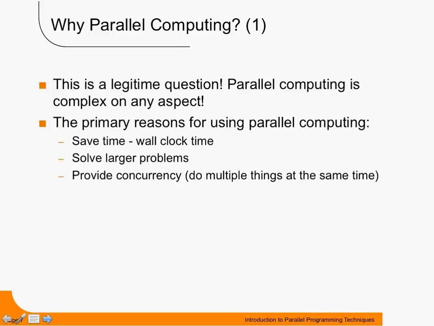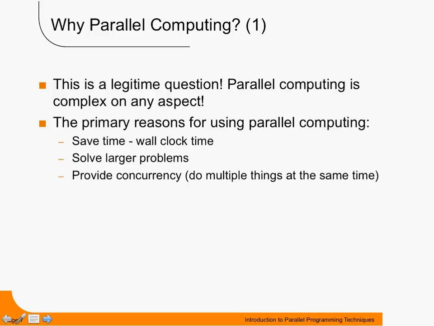So the important thing is, why parallel computing? There are reasons why we need to use parallel computing. The most important is time. If you do parallel computing, then you can finish your computational work much more speedily than serial computing.